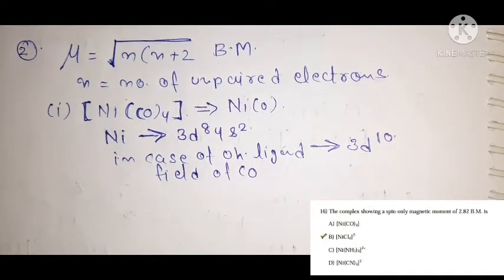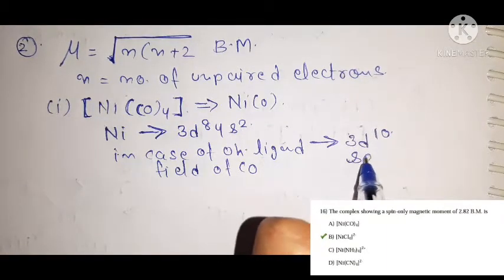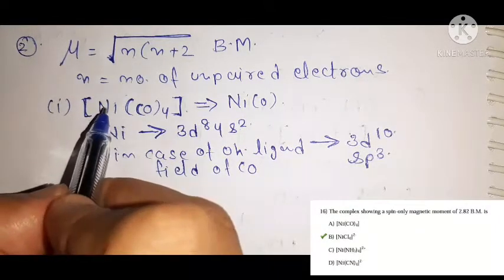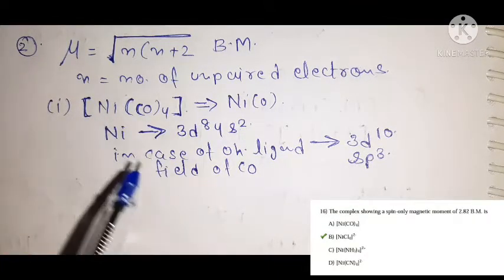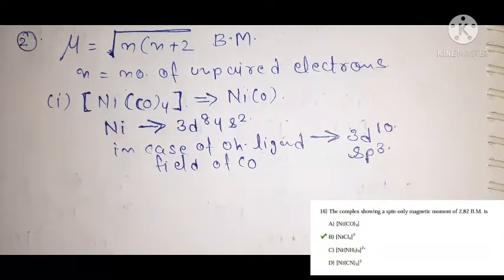Now after this, it has one empty s and 3 empty p orbitals which combine with each other, and we have an sp3 hybridized coordination complex of this Ni(CO)4. So the hybridization of this complex is sp3.